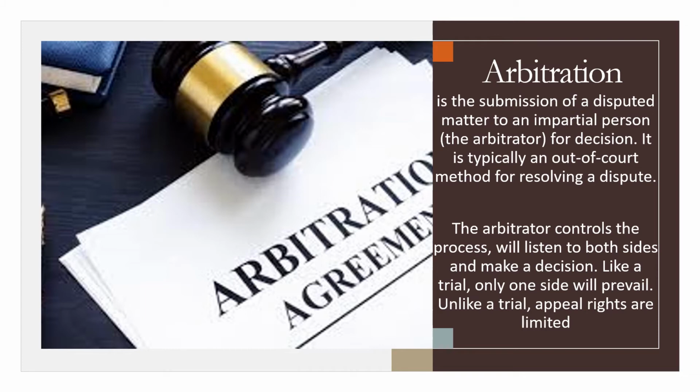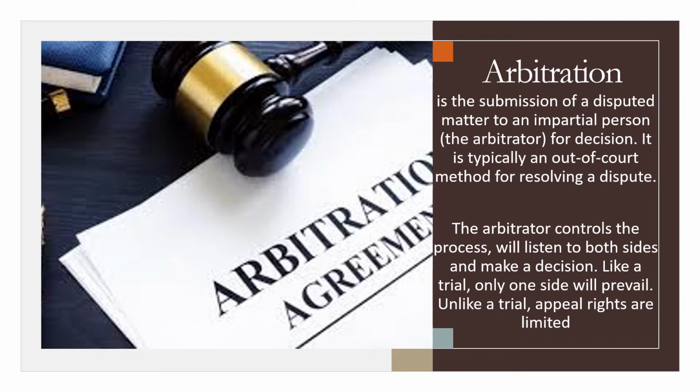The next conflict resolution process we are going to look at is arbitration. Arbitration is a process where people in conflict decide that, okay, we want to solve this problem. Mediation has failed, negotiation has failed, but let us look for an arbitrator who will decide this case for us.